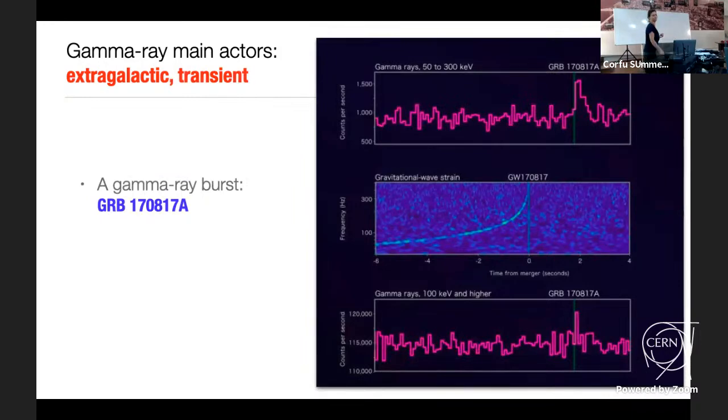Another example of a multi-messenger plot is this one. This is extremely famous. It went into all the newspapers. That was the first detection of simultaneous emission from gravitational waves and gamma rays. These are gamma rays, these are gamma rays at a different energy, and this is the gravitational wave signal. In this case, what the scientists wanted to study was, first of all, the time information.